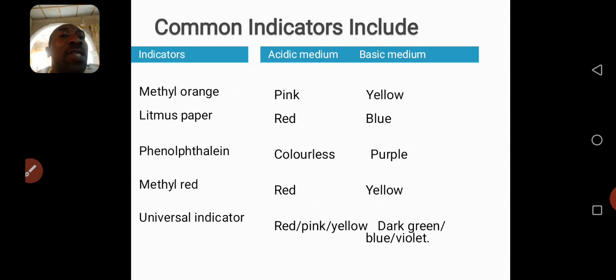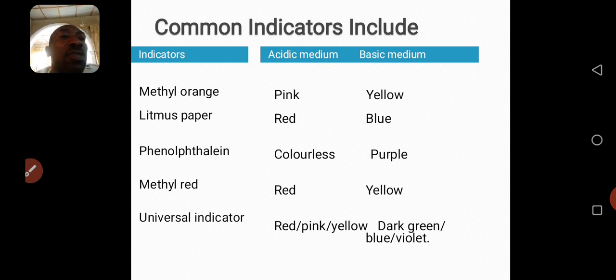And if you put that same methyl orange in a substance like sodium hydroxide, the color you will see will be yellow. So you will be able to know, if you don't know the solution before, with the aid of methyl orange, you will know either the solution is acidic or it's a basic solution.